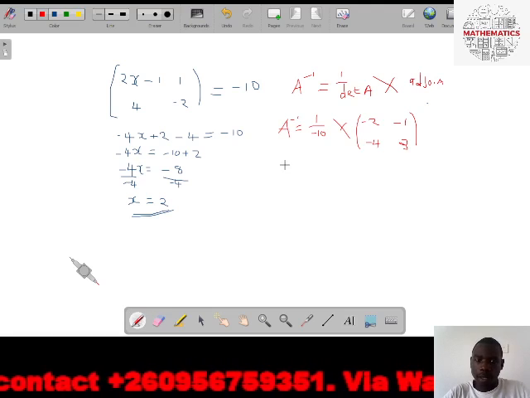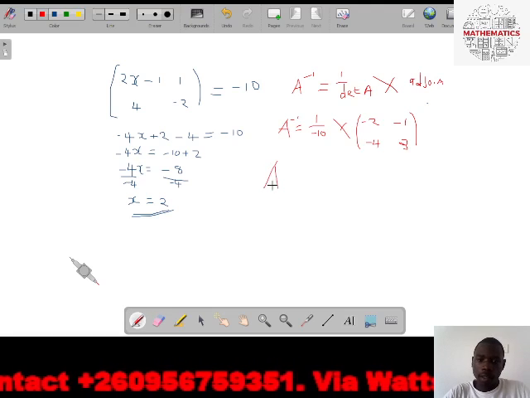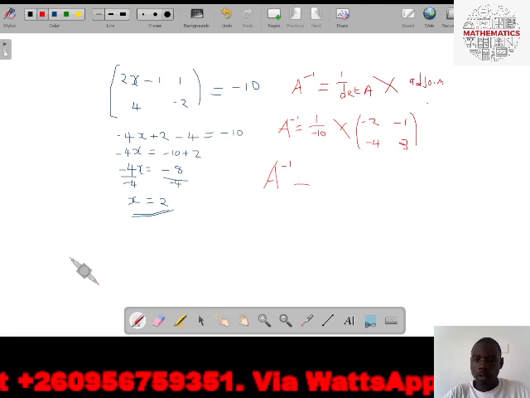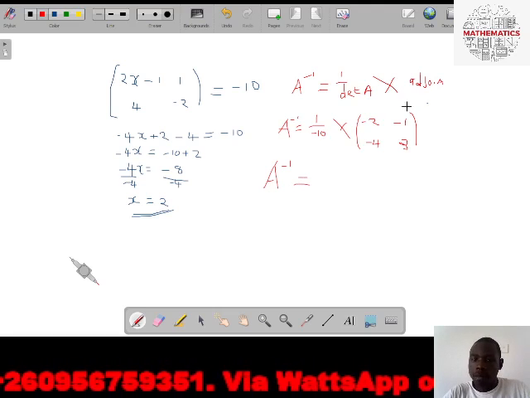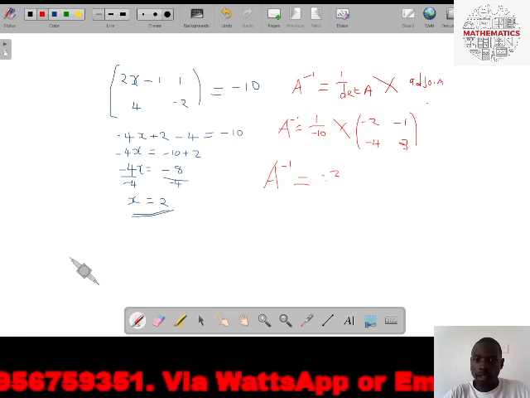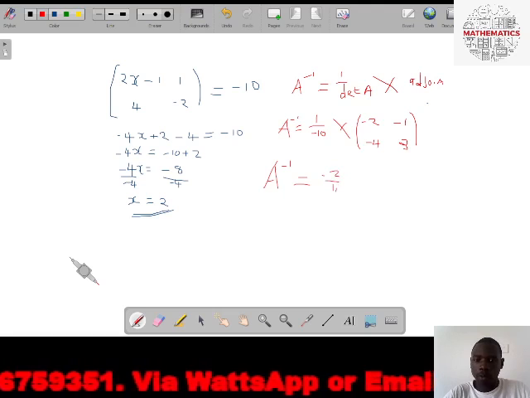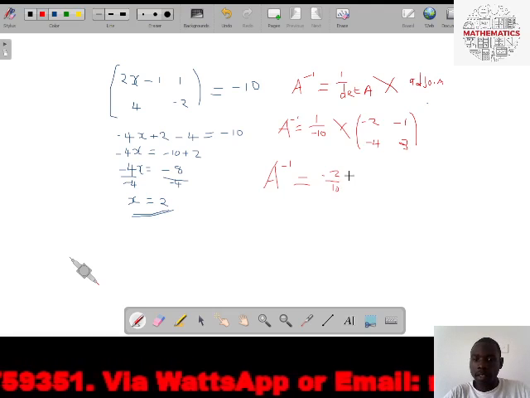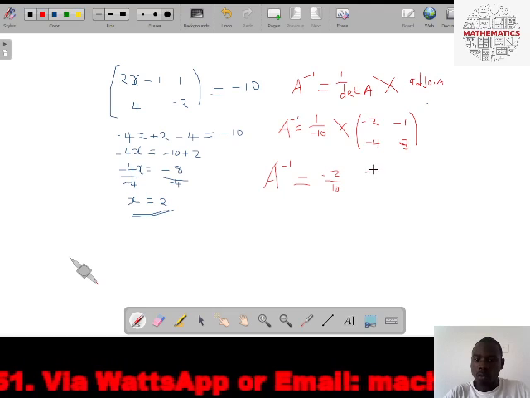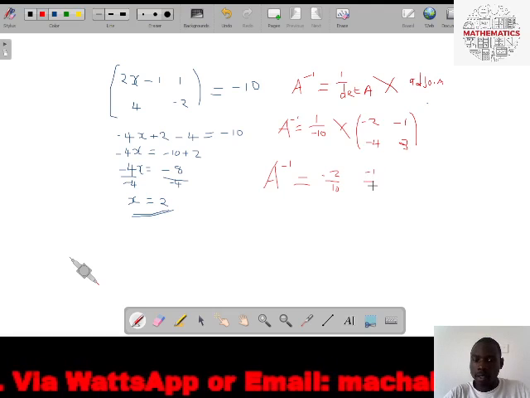From there we are saying A inverse is equal to, so 1 times negative 2 is negative 2 over 10. And then 1 times negative 1 is negative 1 over 10.